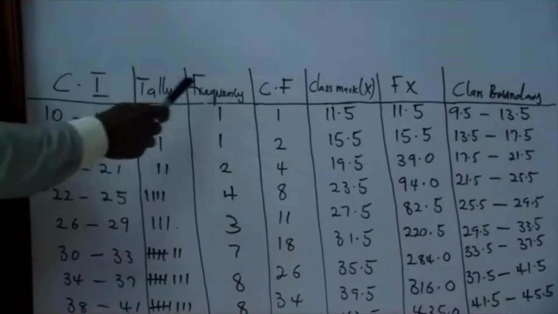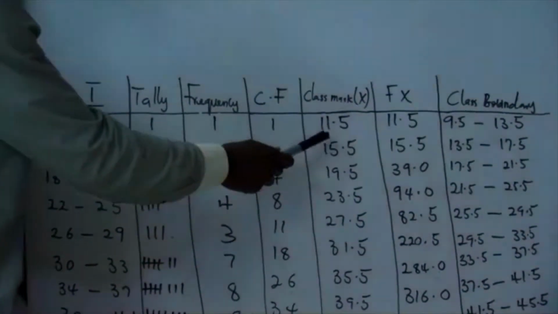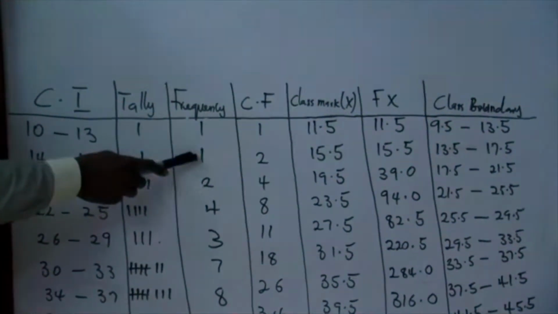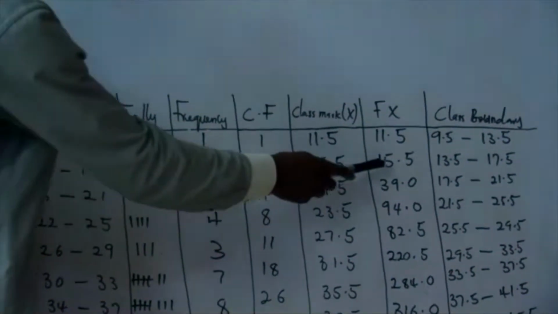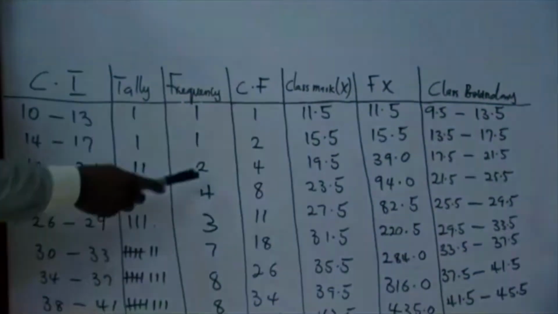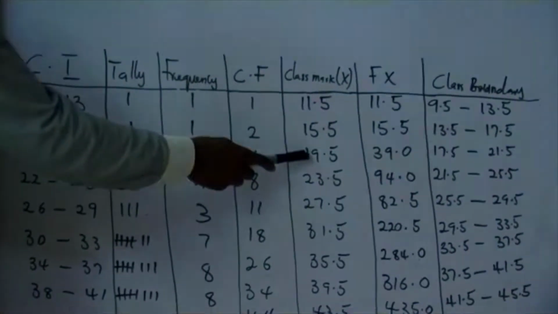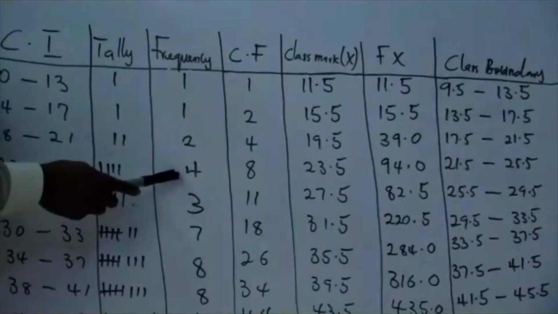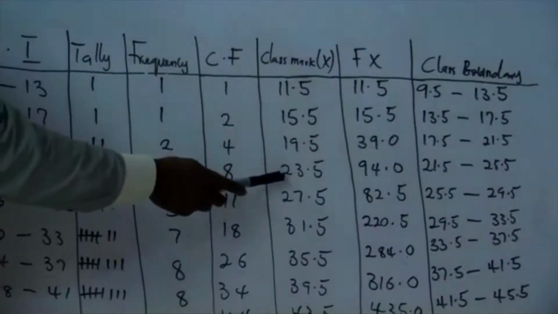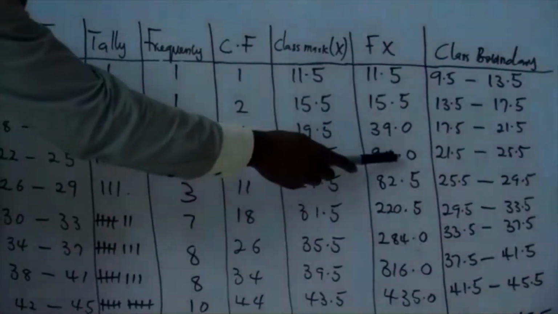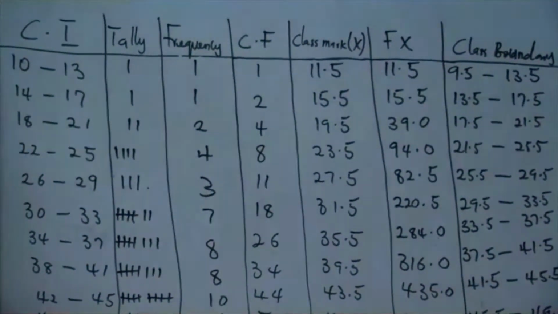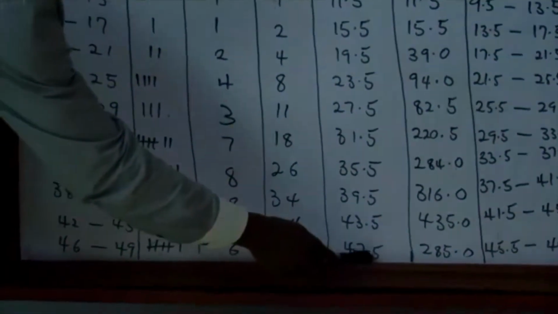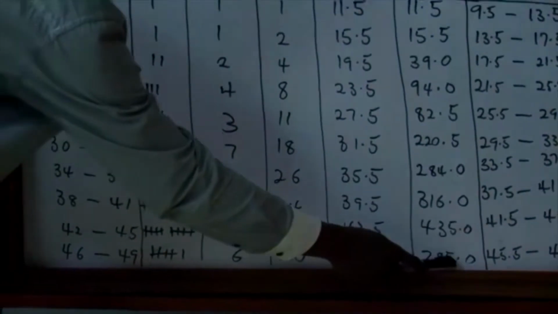So we have 1 times 11.5, that gives us 11.5. 1 times 15.5 also gives us 15.5. 2 multiplied by 19.5 gives us 39.0. It goes on like that. 4 times 23.5 gives us 94.0. I hope that's clear. Up to 6 times 47.5, which gives us 285.0.